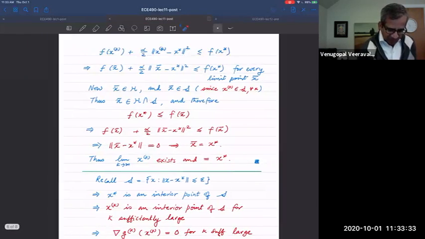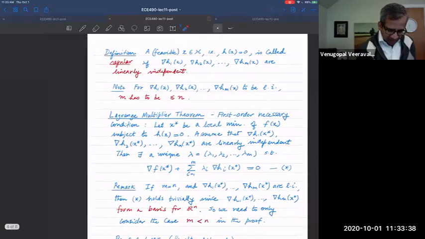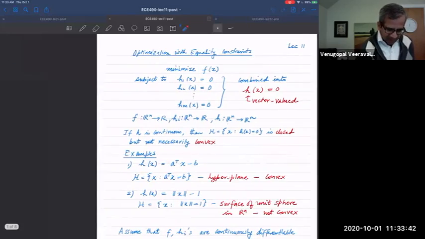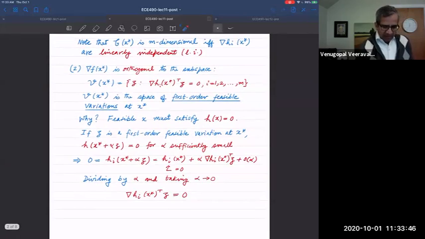Okay, so if you want to think about it geometrically that way, let's see where we defined V of x star. Oh, yeah, it was here. So V of x star is defined as this set.